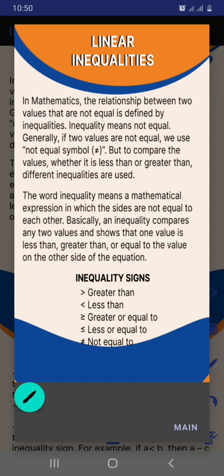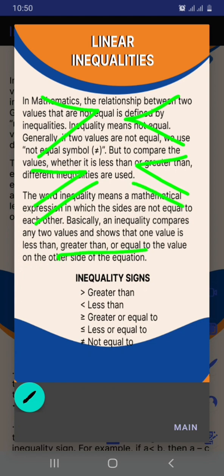As you can see, the greater than sign actually looks like G. The less than sign is synonymous to L. The greater than or equal to is a combination of greater than and equal to sign. The less than or equal to, which is similar, and lastly, the not equal to sign.